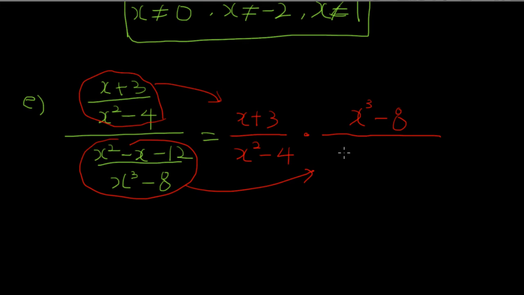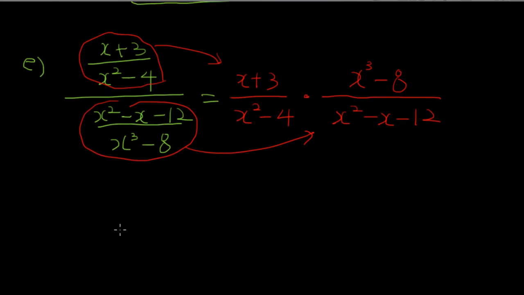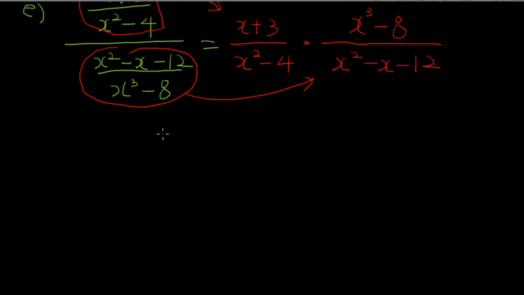And this numerator part now goes to the denominator: x squared minus x minus 12. Just like that, right? It's the same thing as the previous example then. Once you identify like that, factor whatever you can, and that's it. Cancel it and write the answer.